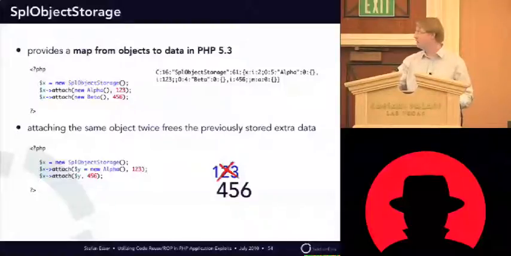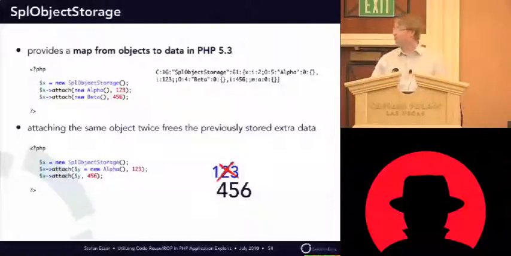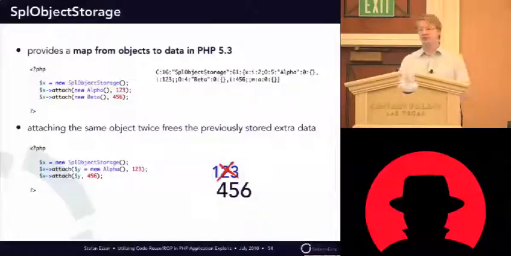But what you can also do is put 2 different kinds of data for the same object. So this means you first put in 1, 2, 3, and then 4, 5, 6 for the same object. What will happen is that SPL object storage will delete the old value, in this case 1, 2, 3.